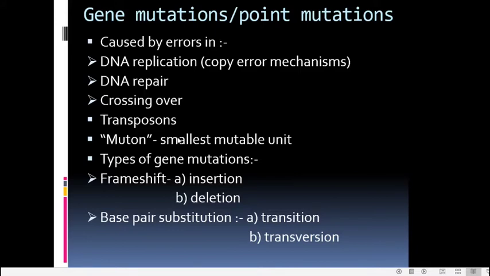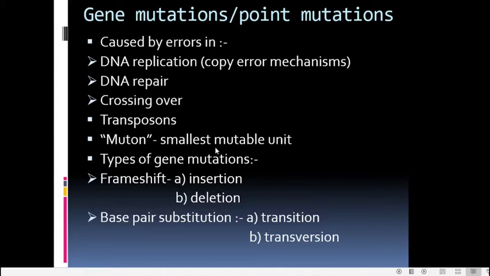So all these factors can contribute to gene mutations. Then the smallest fragment of the genetic material which is subjected to mutation is called a muton. So we can call a muton the smallest mutable unit of a chromosome.